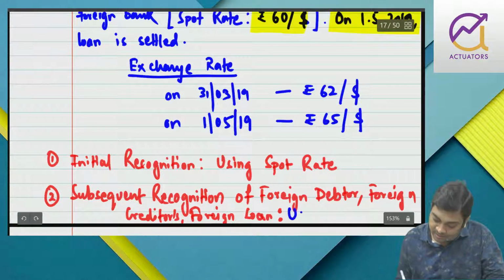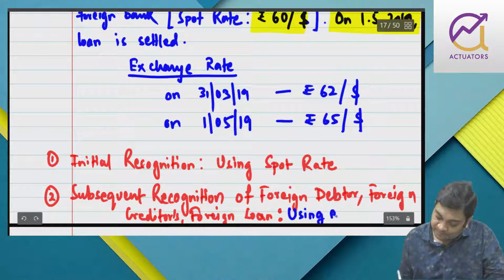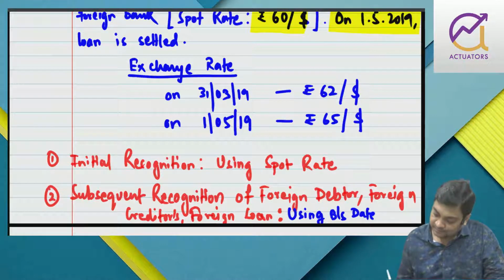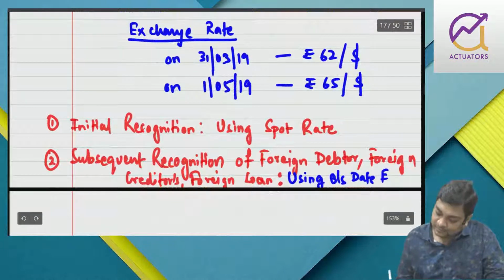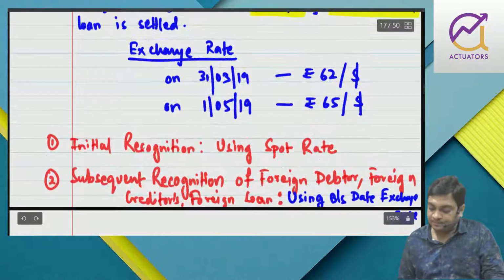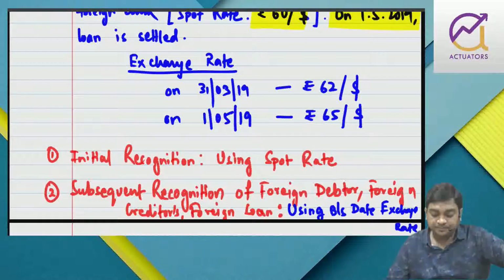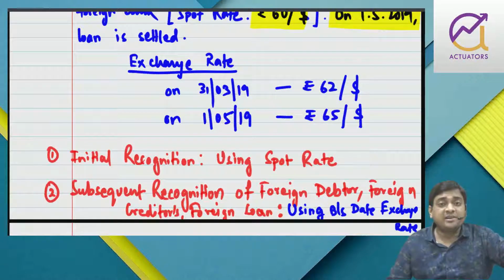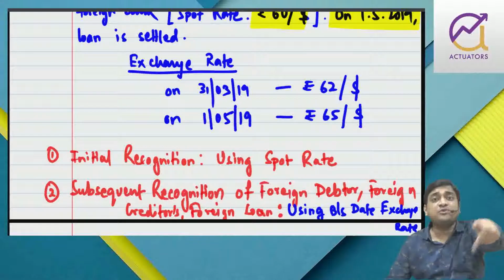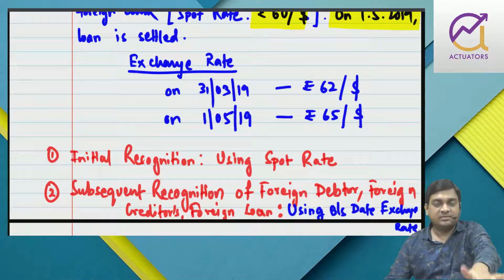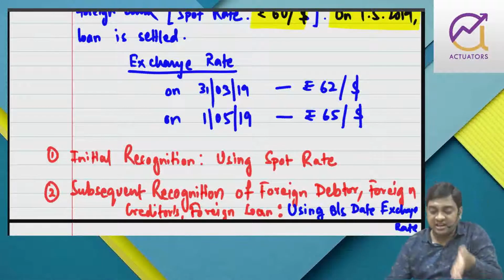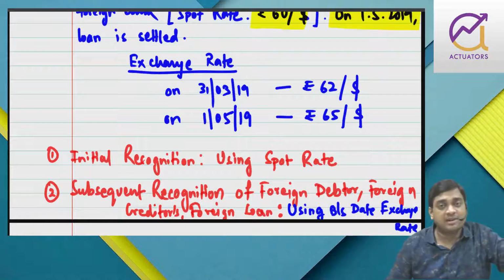So this will be done using balance sheet date exchange rate, right? Why do we need to do subsequent recognition? It will be presumed that as if you settle this today on the balance sheet, what will be the effect on your financial statements?